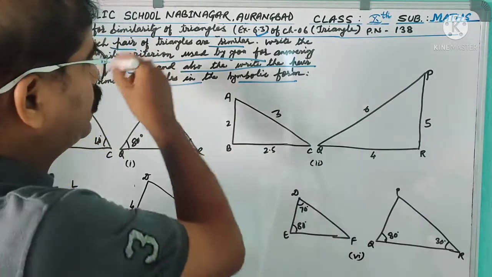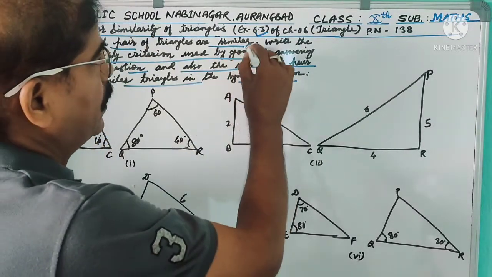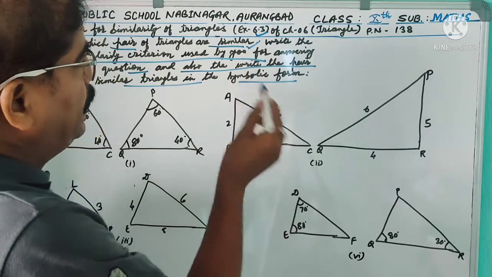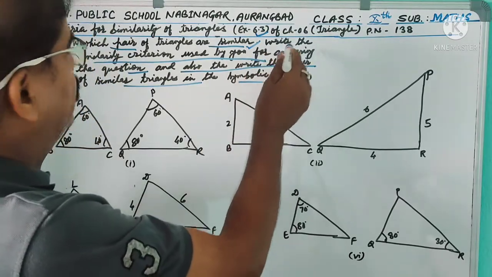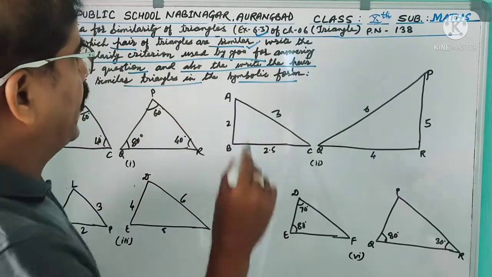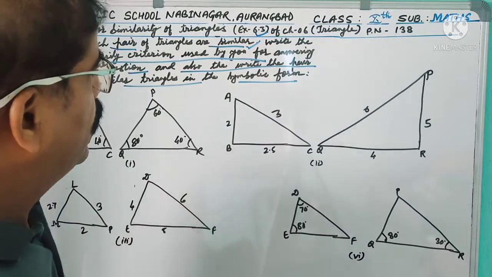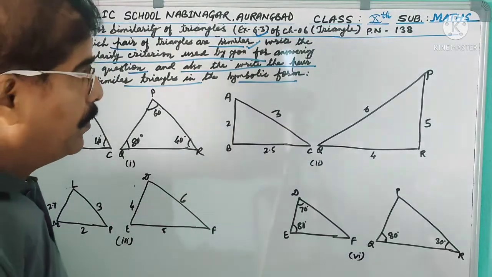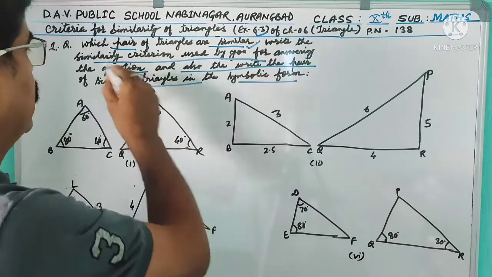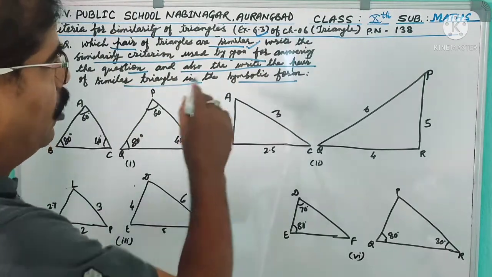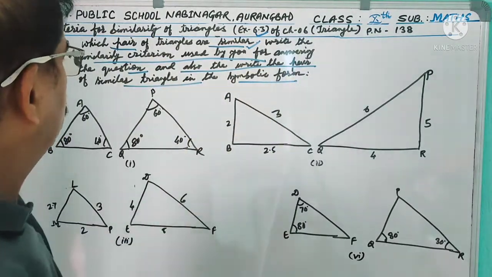First, which of the following are similar? And if similar, then write the similarity criterion used by you for answering the question, and also write the pair of similar triangles.